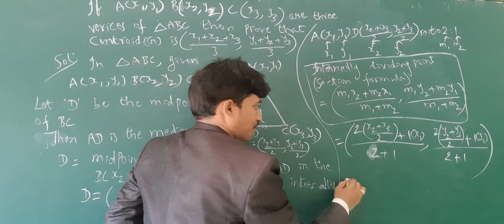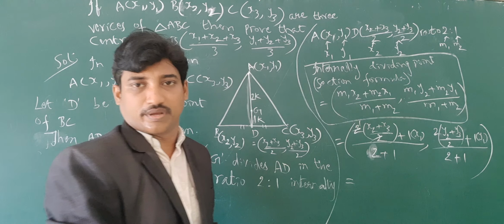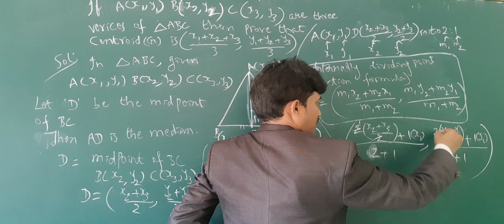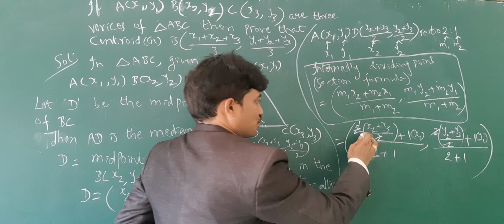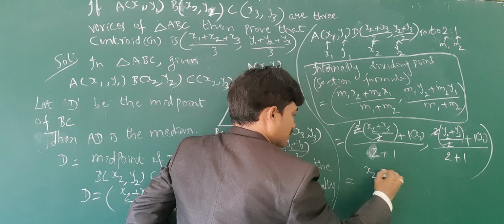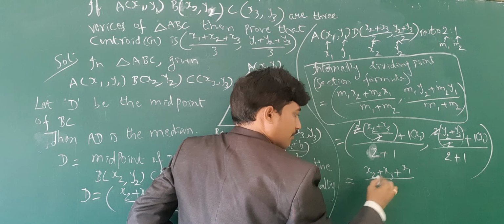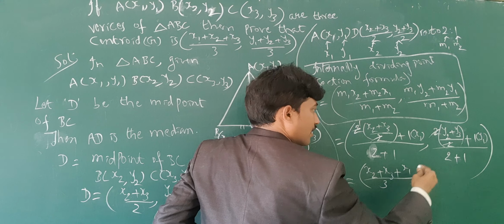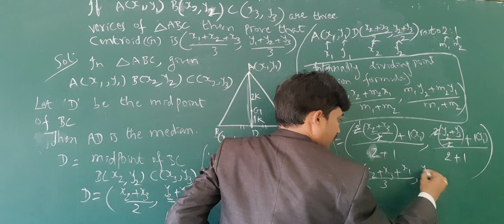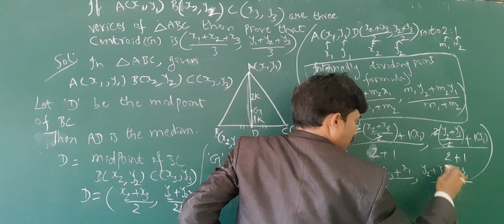Now let us simplify. 2 ones are 2, so 2 cancels 2 there. Here also 2 ones are 2. Here x2 plus x3 plus 1 into x1 by 2 plus 1 is 3, comma y2 plus y3 plus 1 into y1 by 2 plus 1 is 3.